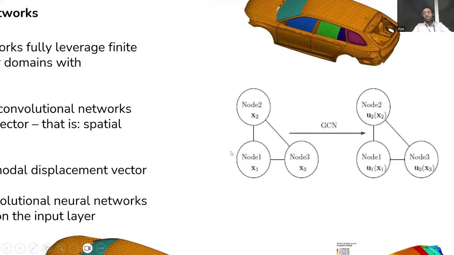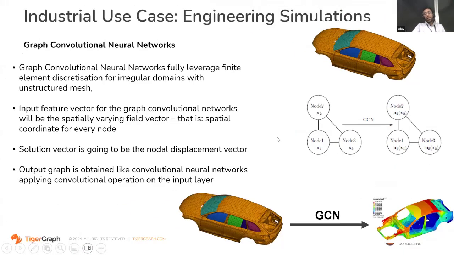After applying a series of convolutional operations, I transform the initial spatial coordinates to the final spatial coordinates, which tell me that this geometry, after the application of so many loads, is going to displace by this amount. So I do a transformation from one coordinate system into another using convolutional neural network operations, and I am solving this problem.